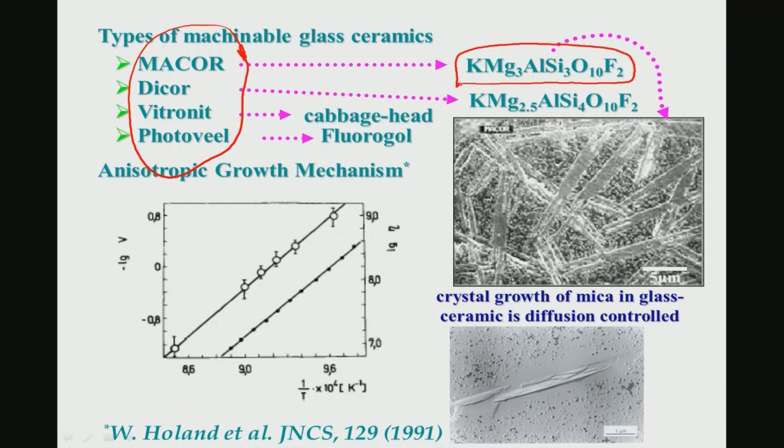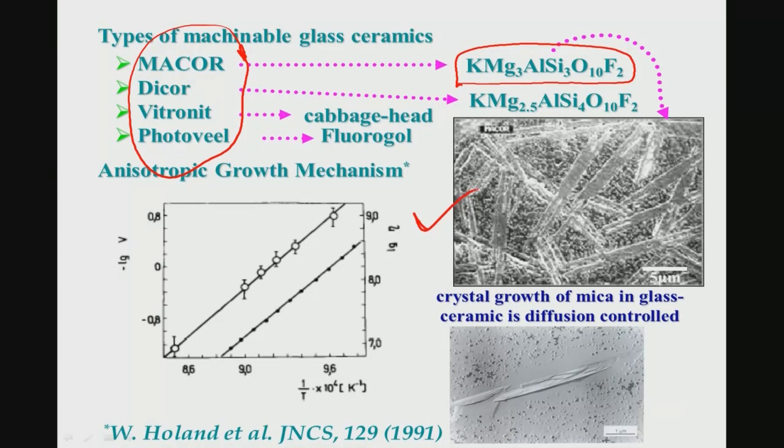Because the morphology depends on the kind of heat treatment you give to the glass matrix, and because of this heat treatment you can essentially tune the composition of the glass ceramic phase nucleating in the glass matrix, and you also have some control over their morphology.